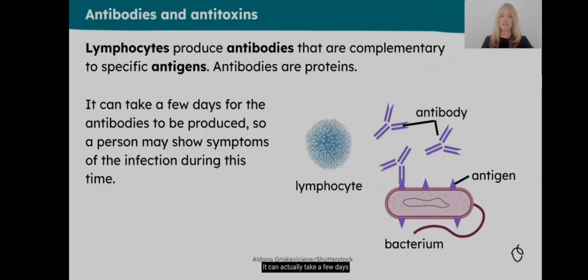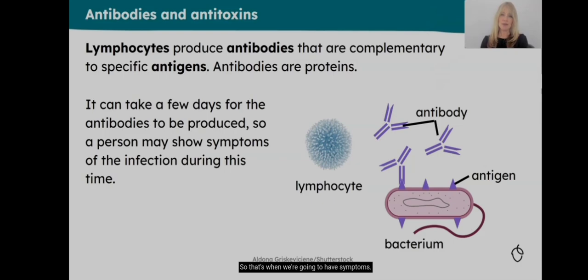It can actually take a few days for the antibodies to be produced. So once that lymphocyte has recognised that that pathogen has invaded us, it will take a while for it to start producing those antibodies to help to destroy the pathogen. In that period of time, that's when we start to feel poorly.